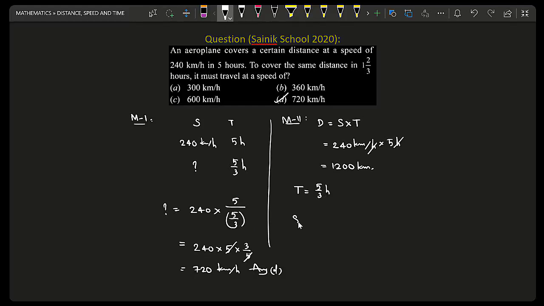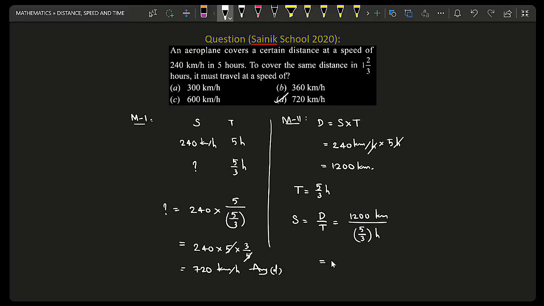Now we can calculate the speed. What is the speed formula? Speed is distance by time. The distance is 1200 kilometers, and the time is 5 by 3 hours. We are writing it in the denominator, so after reciprocal you should write 3 by 5.